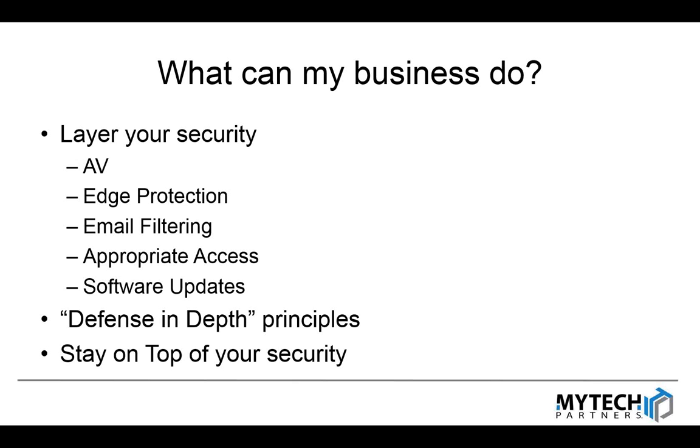So basically what we always try to do is limit the administrative access, and limit access to things like HR and accounting down to only those people who need it, just to minimize the amount of threats that can impact your business. And then finally, as we're talking about today, making sure the software is up to date. And we'll talk about updates and patching in a minute.